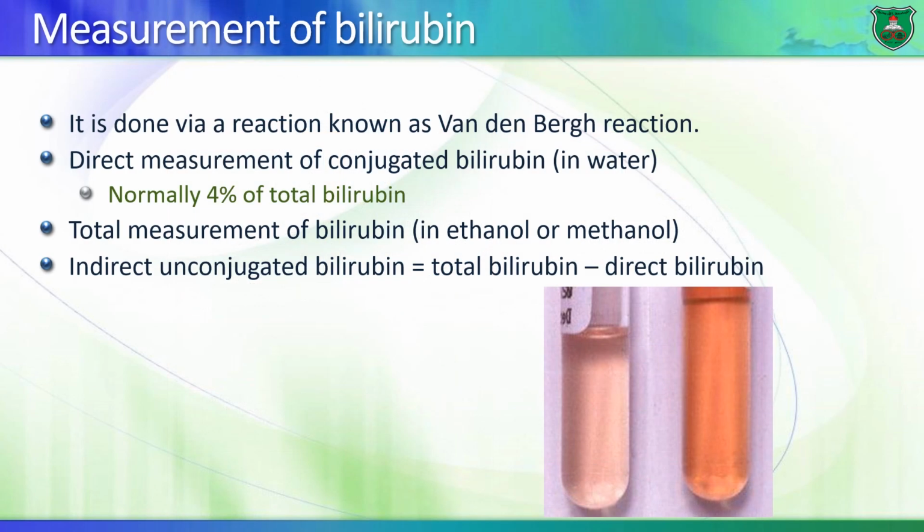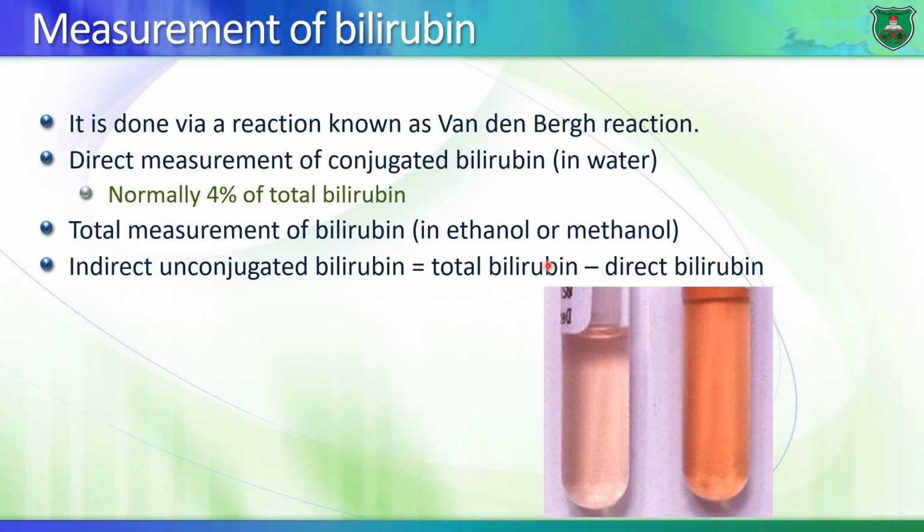So, knowing the level of bilirubin is very important because it tells us a lot of information about the health of the individual, specifically the liver. And this can be done by a specific reaction known as the Van den Bergh reaction. Well, what's important about this reaction is that it is done in both water and ethanol or methanol.